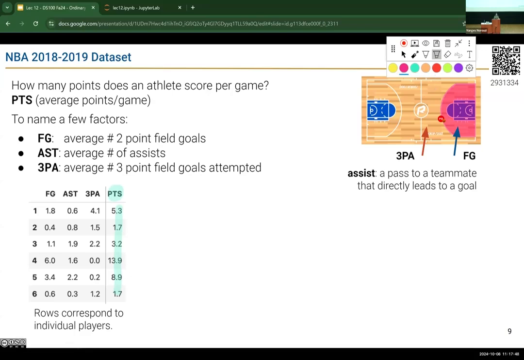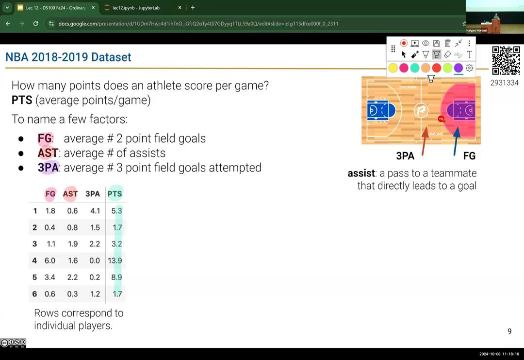The input features are going to be field goal, which is the number of two-pointers that these players score on average in a game. We also have a feature AST, the average number of assists that they have in a given game, so this is the assist column. And then there is also 3PA, the number of three-pointers.